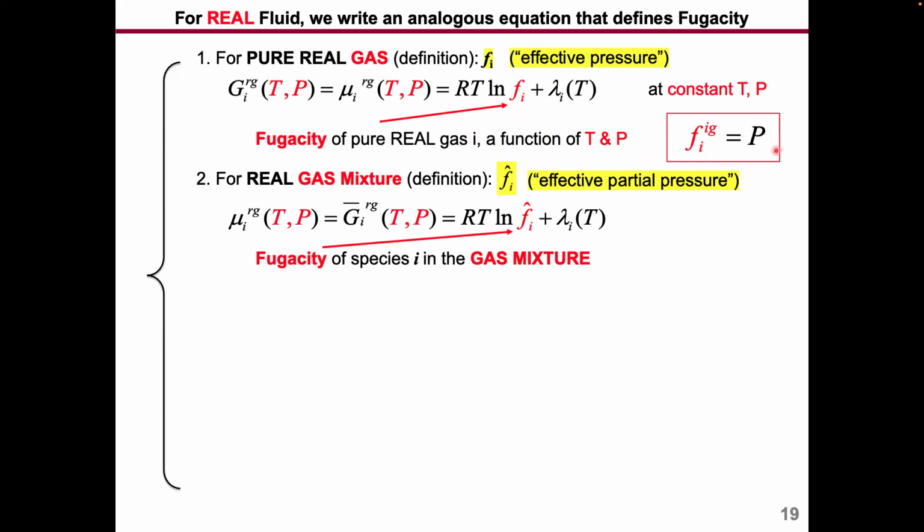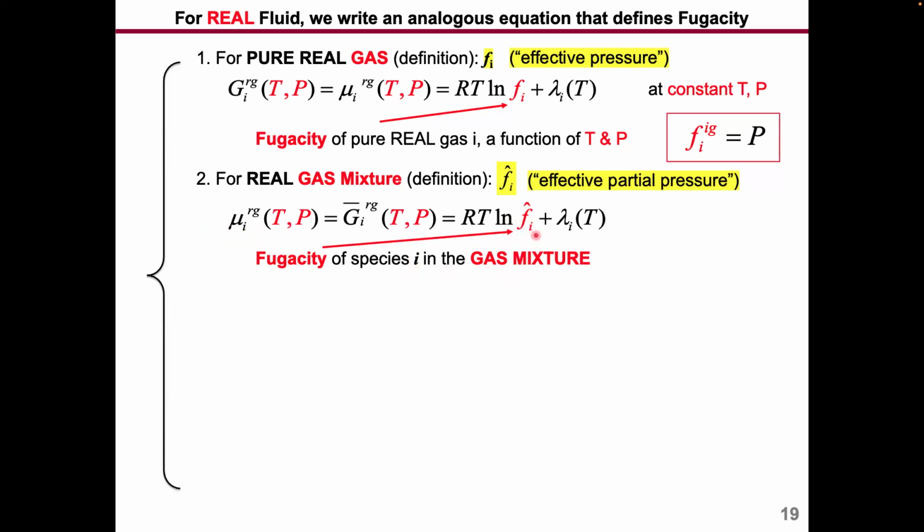All right, so for f_i, by definition, the fugacity of your ideal gas is just equal to its pressure, right? And then for real gas mixture, you can actually calculate the partial molar Gibbs free energy, or the chemical potential, of your species i using a similar equation. Just like here, you have the fugacity of your species i in the gas mixture.